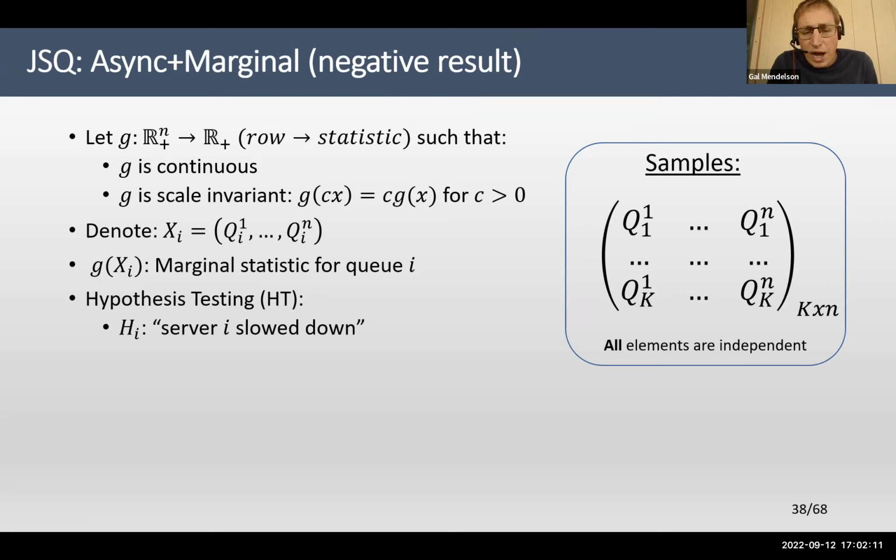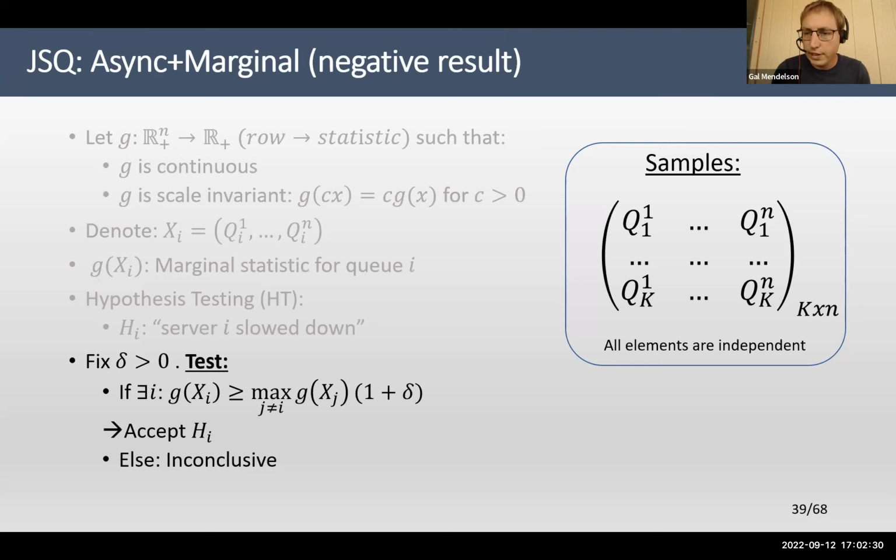We denote the ith row by Xi in this matrix. So G of Xi is the marginal statistic for Qi. Again, think average of samples. And we are going to do hypothesis testing, where the ith hypothesis, Hi, is that server i slowed down. What is the test? Fix some positive number, delta, and we would declare that i slowed down if G applied to the data belonging to Xi is substantially different from the rest of the G's.